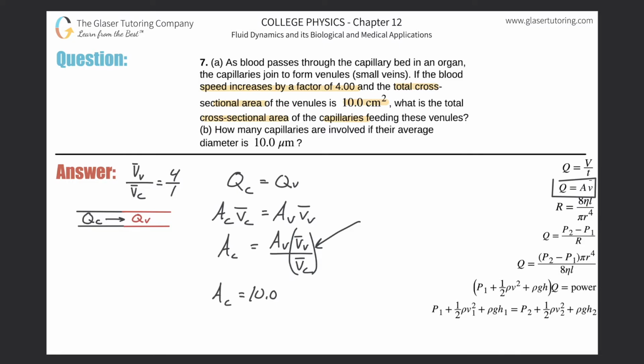So the units there cancel, and the only unit left will be the unit that I'm using for the area. If I decide to use square centimeters, that's what I get spit out of the equation, all right? So here, this is just 4/1. So obviously we see that the total area through the capillaries is simply 40 squared centimeters.